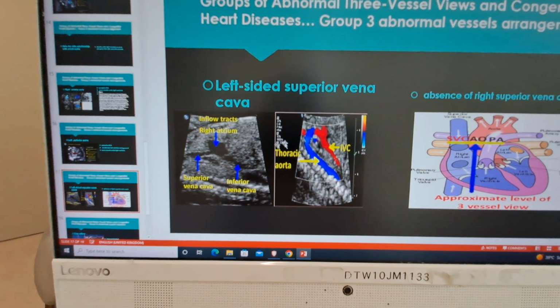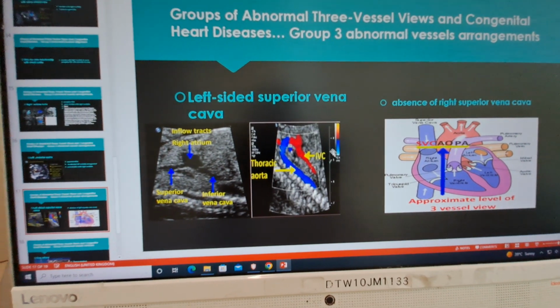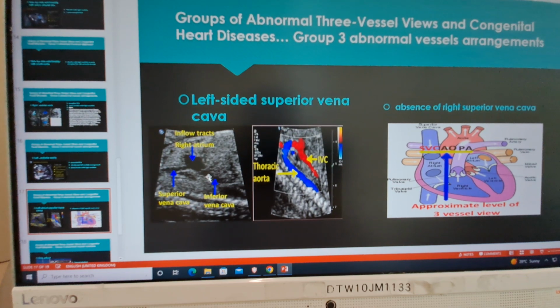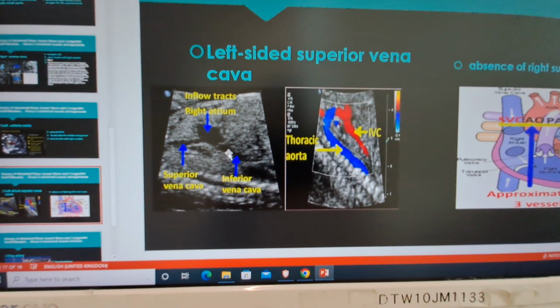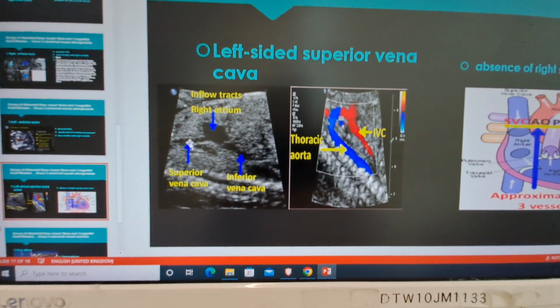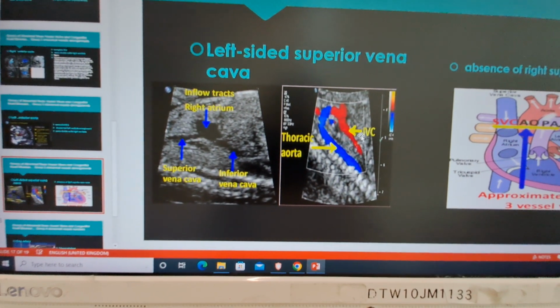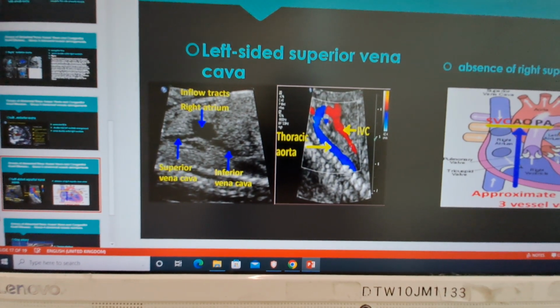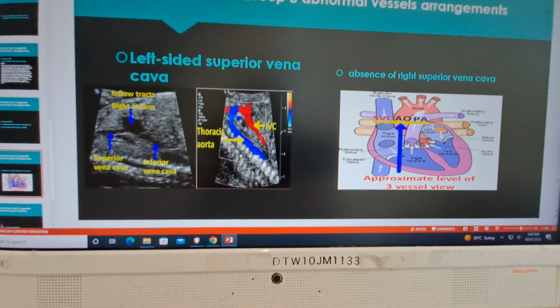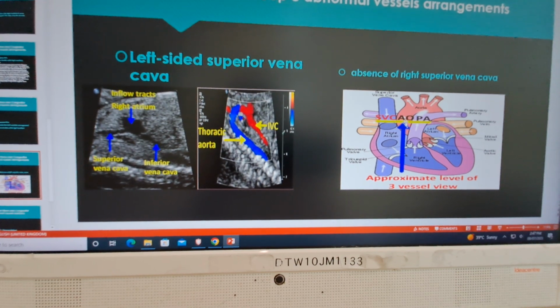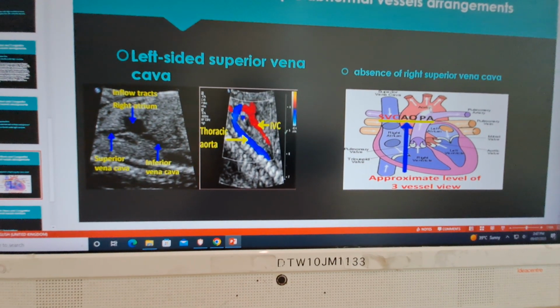Now the left sided superior vena cava. A left sided superior vena cava means there is some venous problem, and we have to look for interruption of the venous system from the superior vena cava to the inferior vena cava, and we can see the ductus arteriosus abnormalities. So you can always exclude the arrangement in the three vessel view: superior vena cava, aorta, pulmonary artery, and ductus arteriosus.